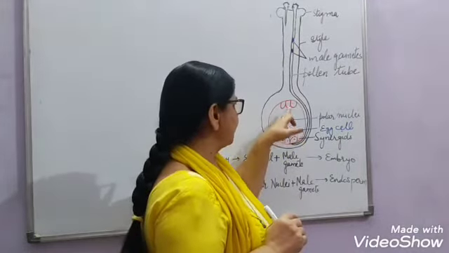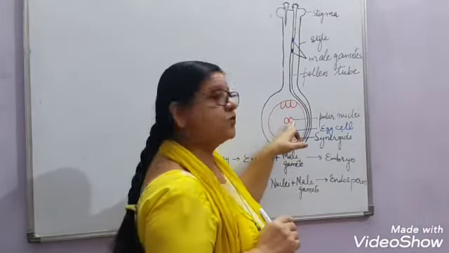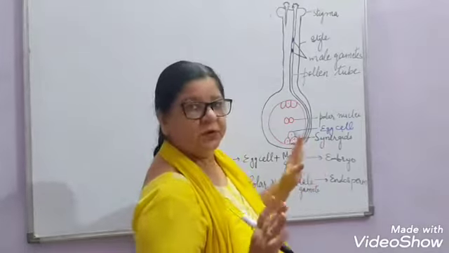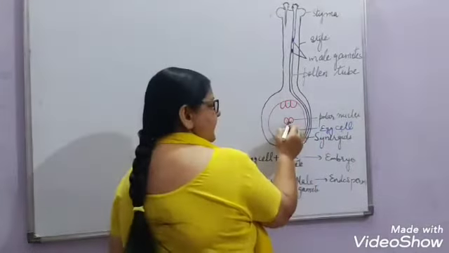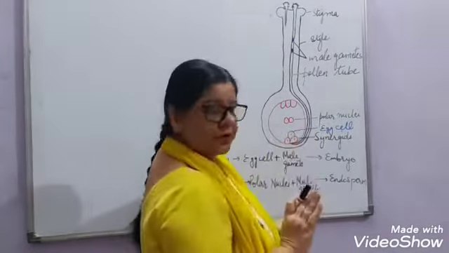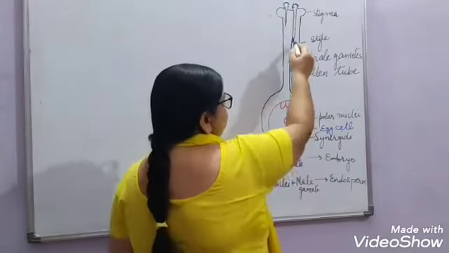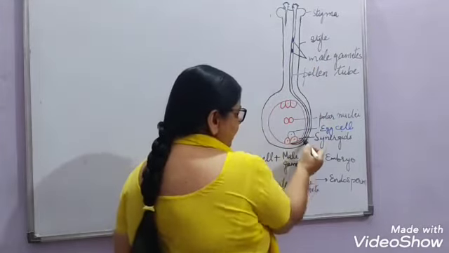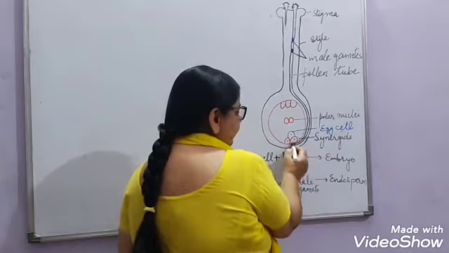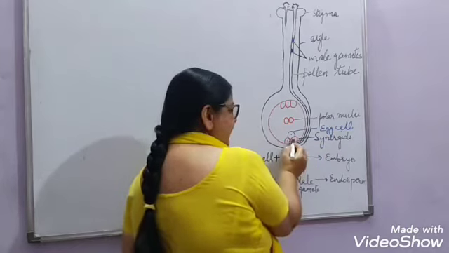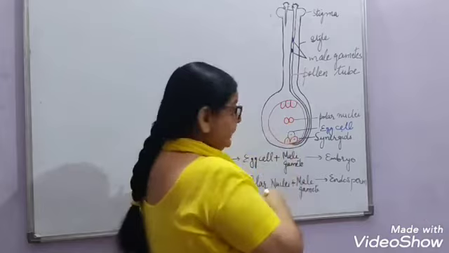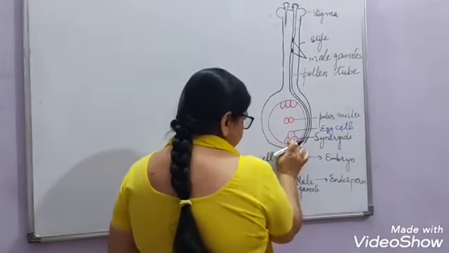And these are 2 nuclei. So 3 plus 3, 6, and 2, 8 nuclei are present in total. So these are just the 2 nuclei, polar nuclei. So when the male gametes travel through the pollen tube, they will be attracted here and they will enter through this. This will rupture, right?